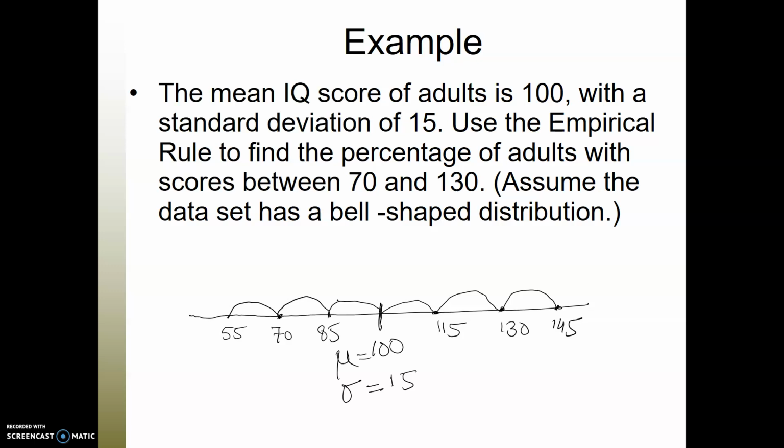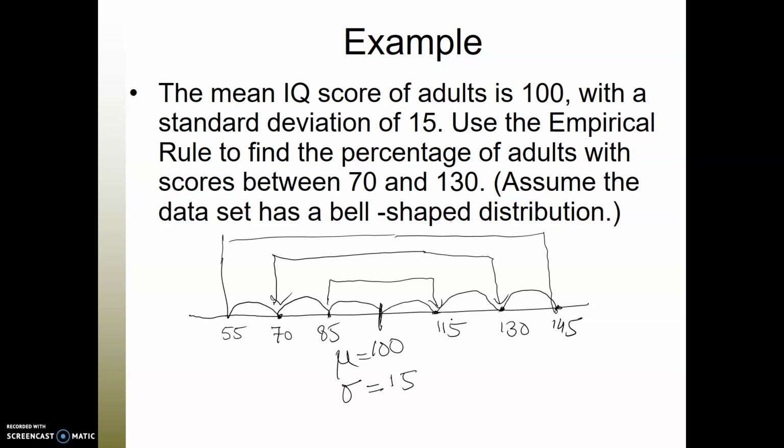Look at that. This is 1 standard deviation. This is 1 standard deviation. And here, this is 2 standard deviations. Look at that. This is 2 standard deviations. And this is 3 standard deviations.